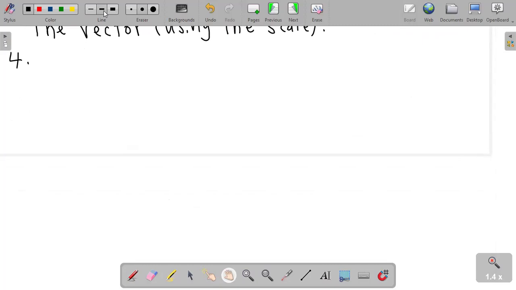And then the fourth thing, when we now know the length, then we can draw the vector as an arrow.